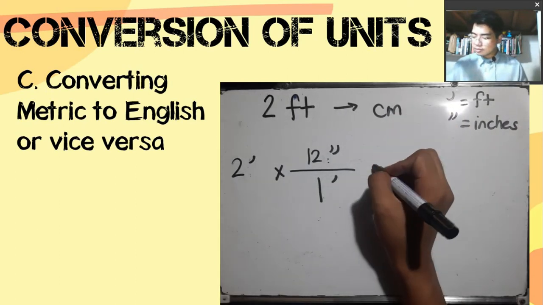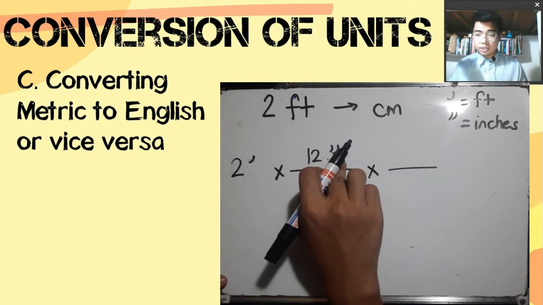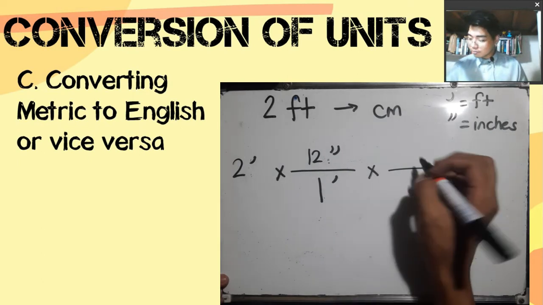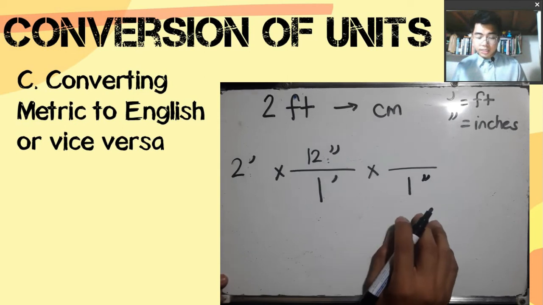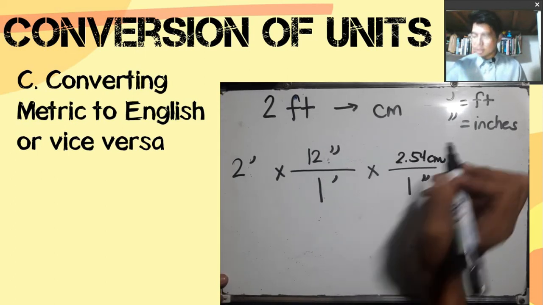Then, since we have here on the numerator the inches, we're going to write it obviously on the denominator. 1 inch is equivalent to how many centimeters? It is 2.54 centimeters.